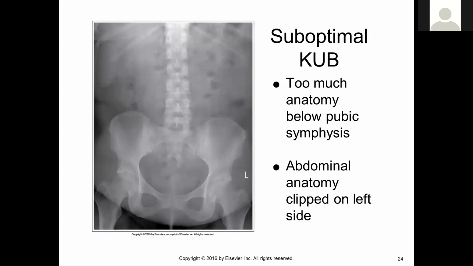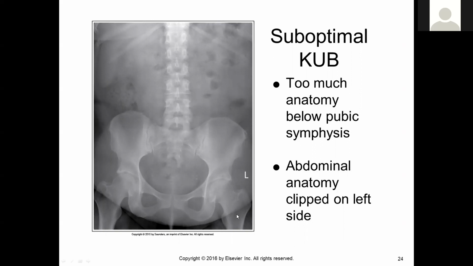This is a suboptimal KUB because the centering has been poorly achieved here. We have too much anatomy below the pubic symphysis. Also, this is a larger patient and would benefit from 2 crosswise orientation cassettes rather than 1 lengthwise image.